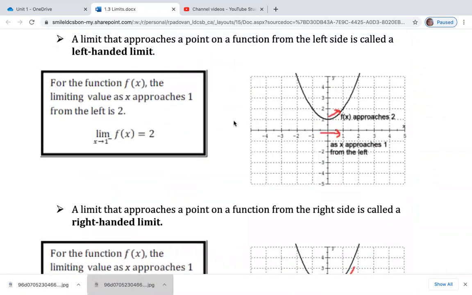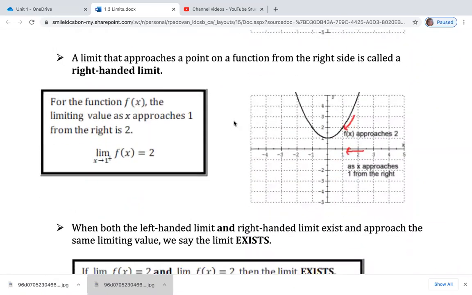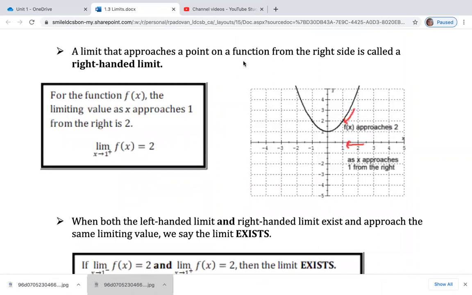Here's the exact same graph, just reproduced here. A limit that approaches a function on the right-hand side is called a right-handed limit. So for example, for this same function f of x, the limiting value as x approaches 1, the same value of 1, but now I'm approaching from the right side.